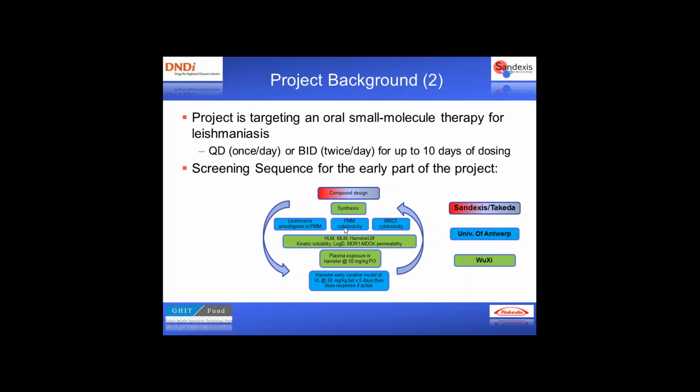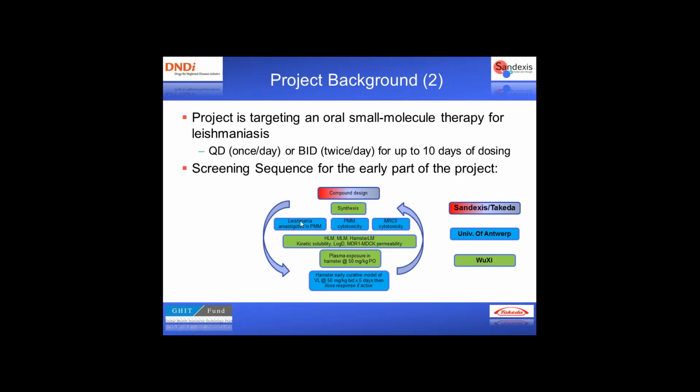Wuxi then take over with respect to synthesis, and then in parallel we screen compounds in Leishmania screening in primary mouse macrophages at LMPH in Antwerp, and in parallel to that the primary mouse macrophage cytotoxicity, to make sure that any activity we see in the parasite screening is, we think, on target and not related to cytotox. And then we have a human MRC5 cytotox counter screen as well.